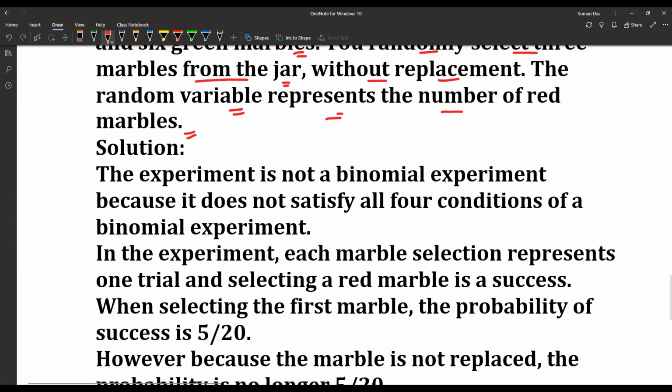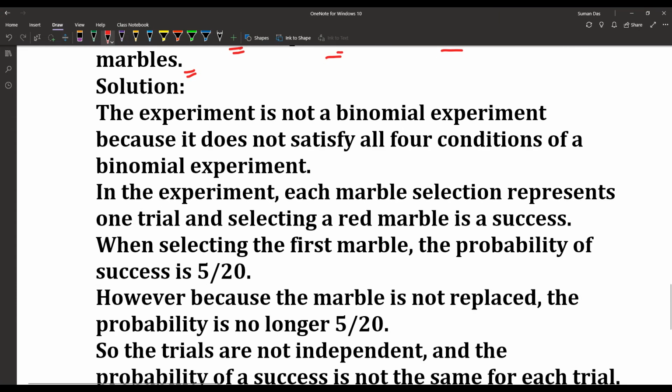No. The experiment is not a binomial experiment because it does not satisfy all 4 conditions of a binomial experiment. In the experiment, each marble selection represents one trial, and selecting a red marble is a success.